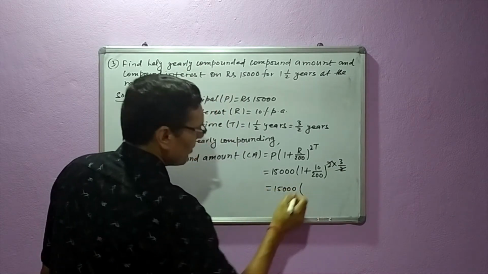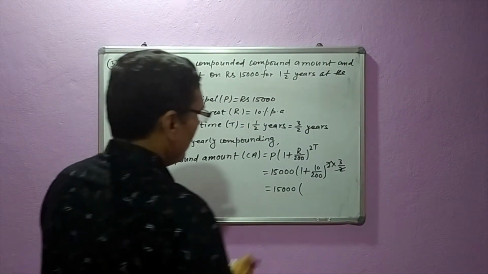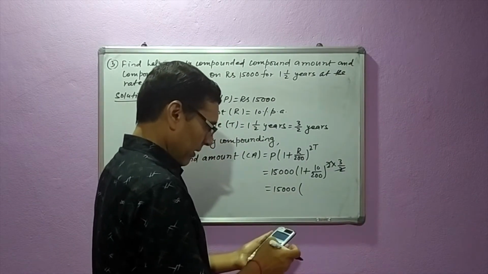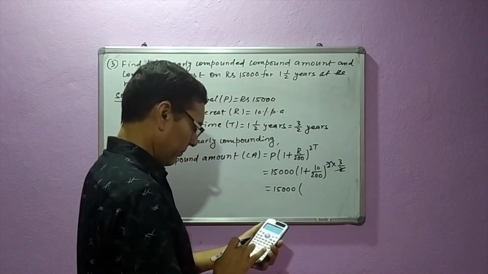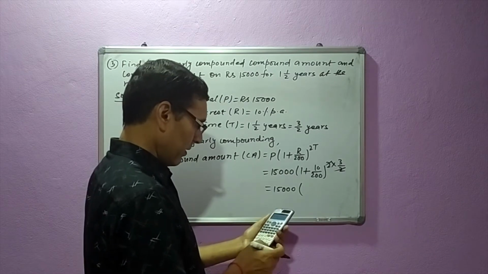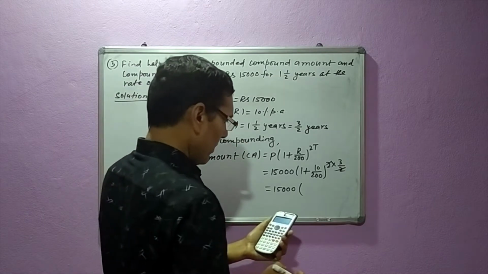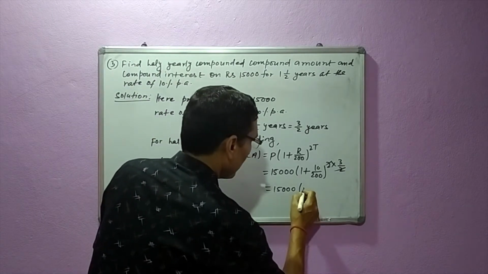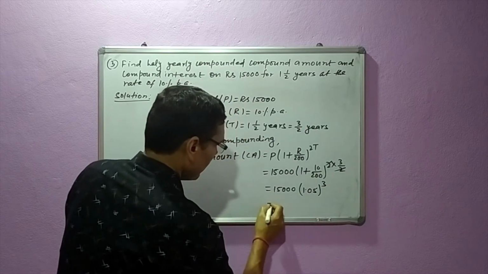So 15,000, here we get 10 divided by 200, 0.05, so it is 1.05 to the power 3.